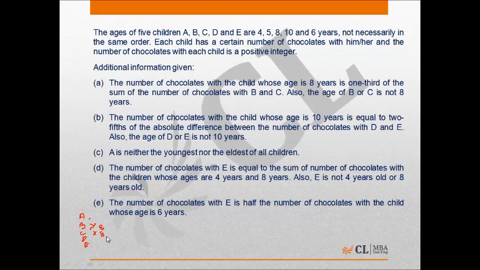In the next line, the number of chocolates with the child whose age is 10 years is equal to two-thirds of the absolute difference between the number of chocolates with D and E. Also, the age of D or E is not 10 years. From here, it can be concluded that the age of D and E is not 10 years.